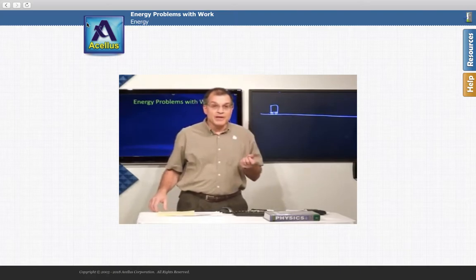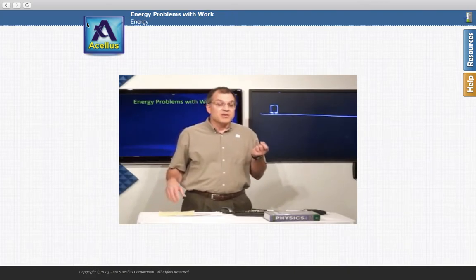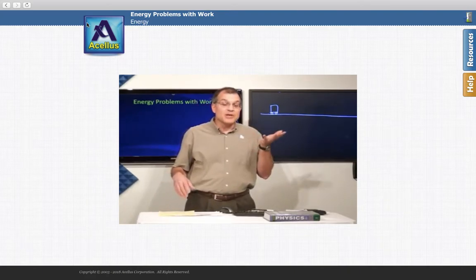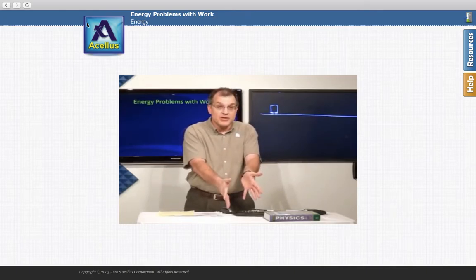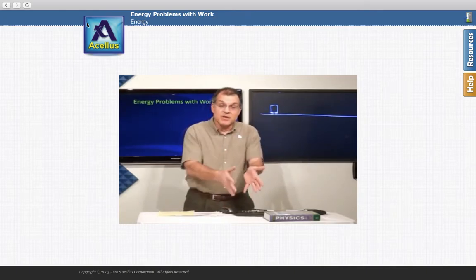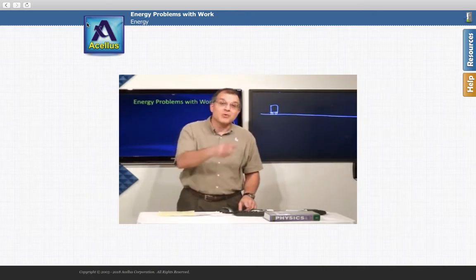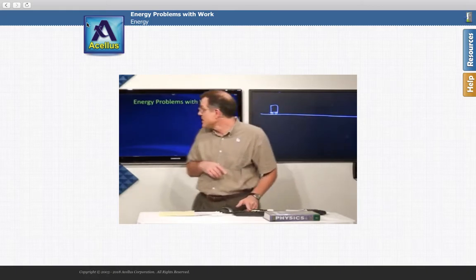So the point is that mechanical energy is not always conserved. If there is some outside force doing work, it can give more energy to the object if it does positive work, or it can take away energy like friction.